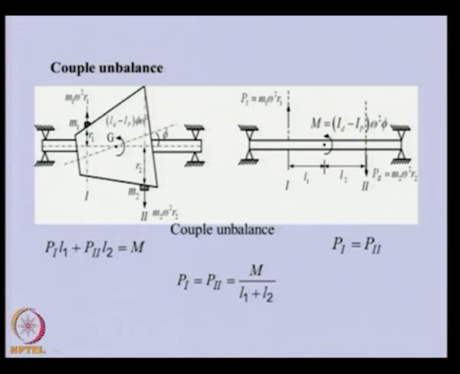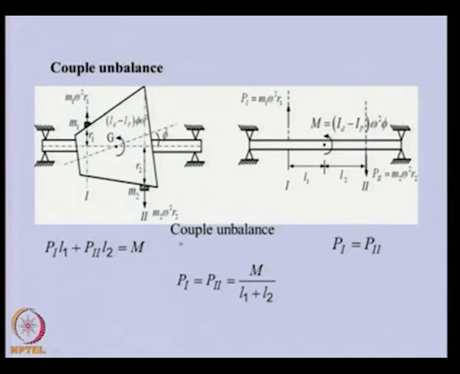So, they are giving P1 and P2 forces. We should have the condition that the couple produced by these two forces should be equal to the unbalanced couple, and these two forces should also balance, because they should not give additional force into the system. So, these two forces should be balanced.